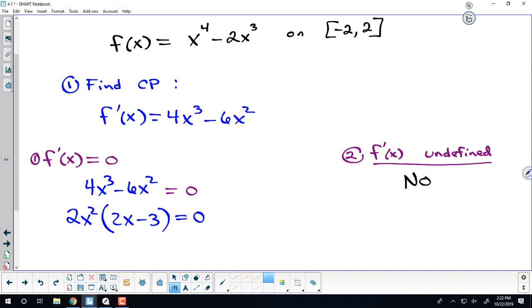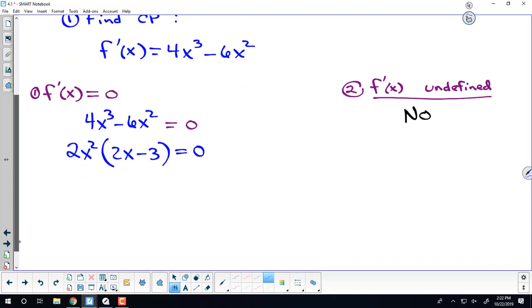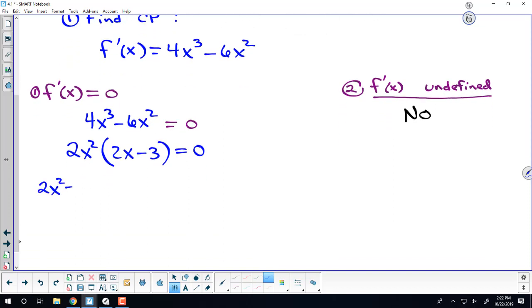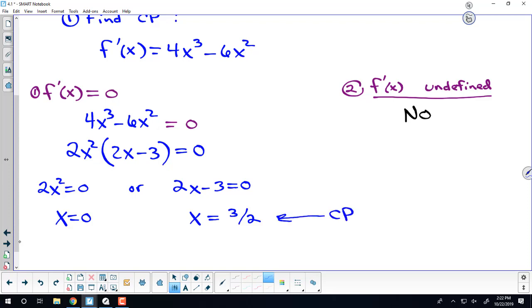That way we've got two things multiplying, giving us 0. So it's 0 when 2x squared is 0, or when 2x minus 3 is 0. So x equals 0 or x equals 3/2. Zero and 3/2 are certainly in the interval from -2 to 2. So these are our critical points.